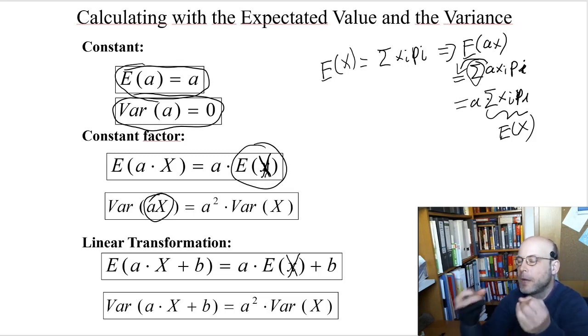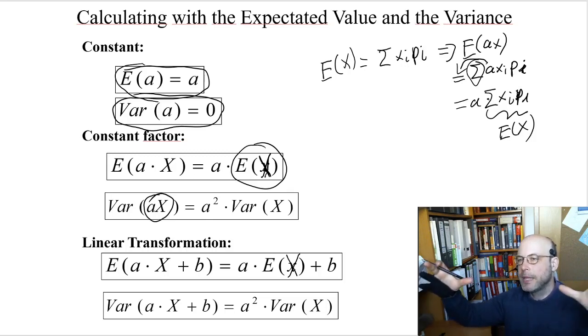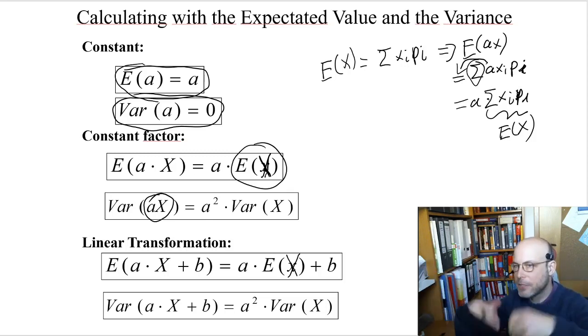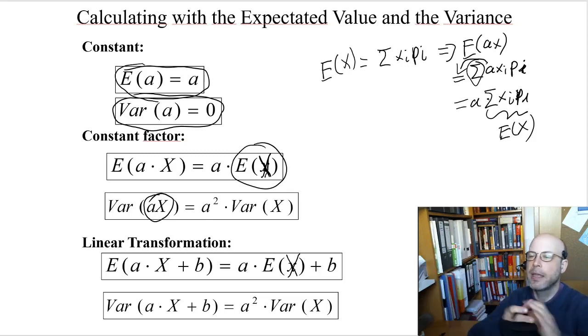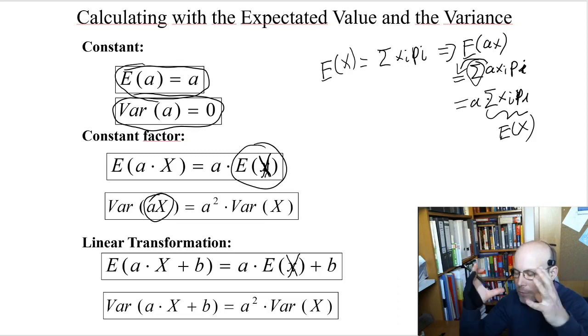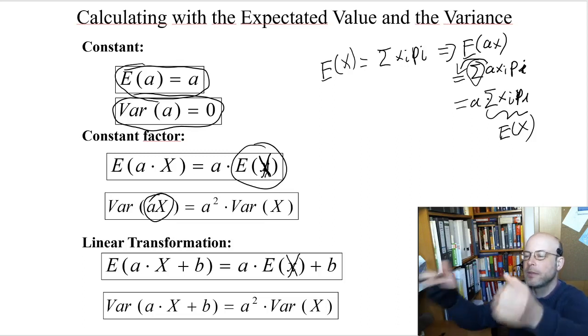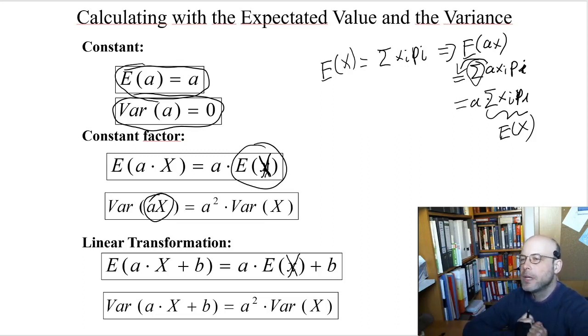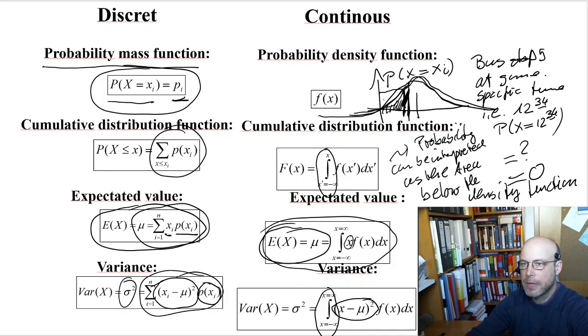And this is also very important that you keep this in mind when we come from some general distribution and then we want to normalize it, or if we come from some general normal distribution and we want to come to the standard normal distribution.